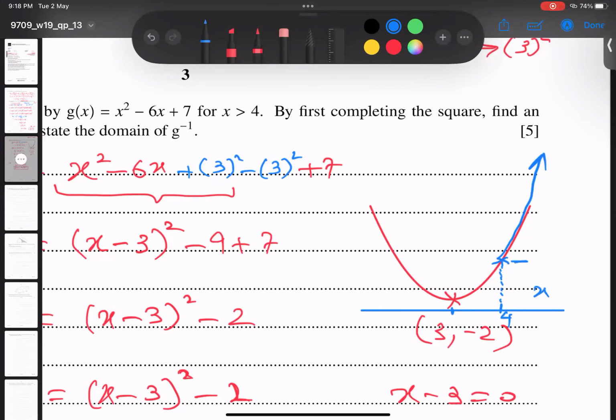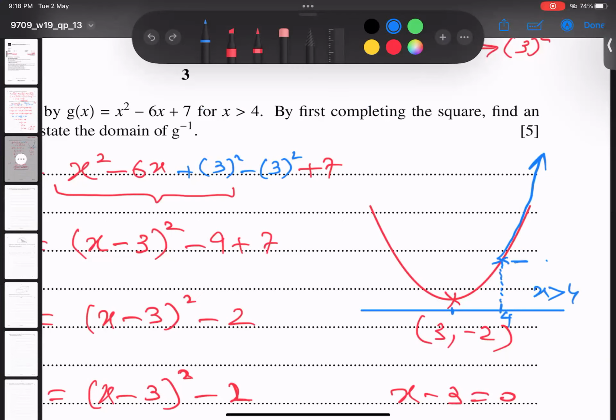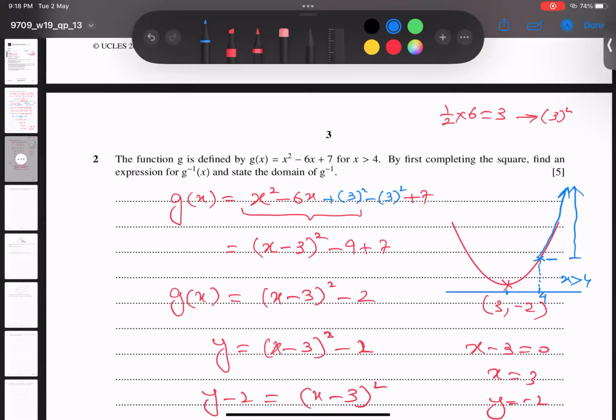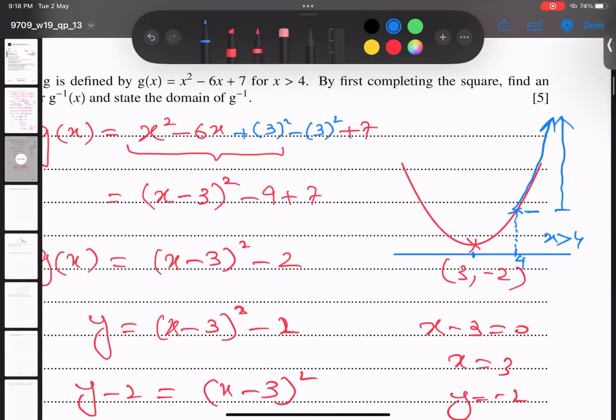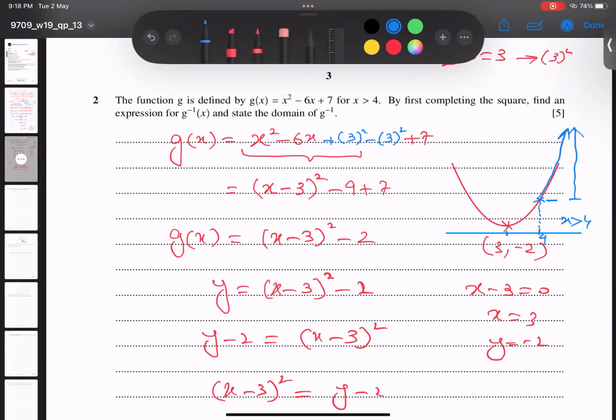So x value is bigger than 4, as he has given us. And the y value will start from here and go upwards. Very clear for you. So it means the function is one to one. And for your knowledge, students, what is the rule? Whenever you find the inverse, x becomes y and y becomes x.